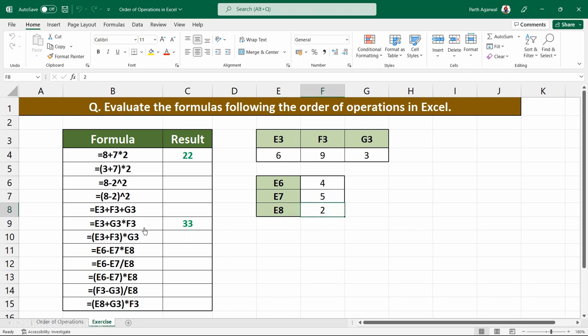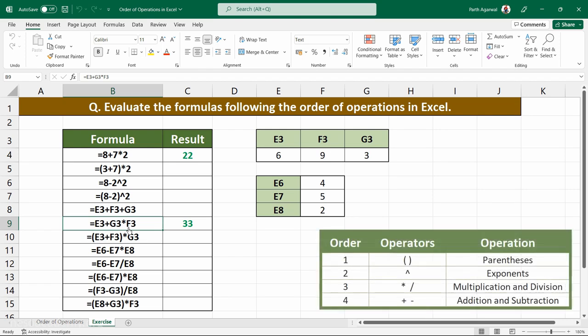Now let's get back to our formula. In this formula, we have to perform two operations. The first is addition and the second is multiplication. And as we have recently discussed, according to the order of operations, multiplication always happens first, right? Addition comes after multiplication. So first of all, G3 will be multiplied by F3. Then the result coming from this operation will be added with E3.